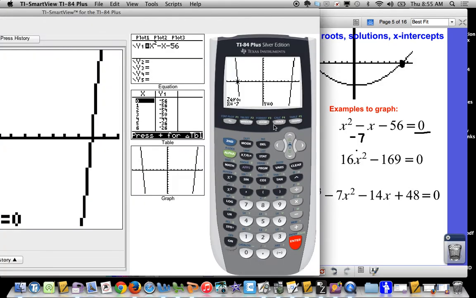And what we'll have to do is go through the exact same process. We'll have to trace our curve back over to this side, and we'll have to calculate the 0 with the left bound and the right bound. So I'll slide the blinky over. Whoops, trace.